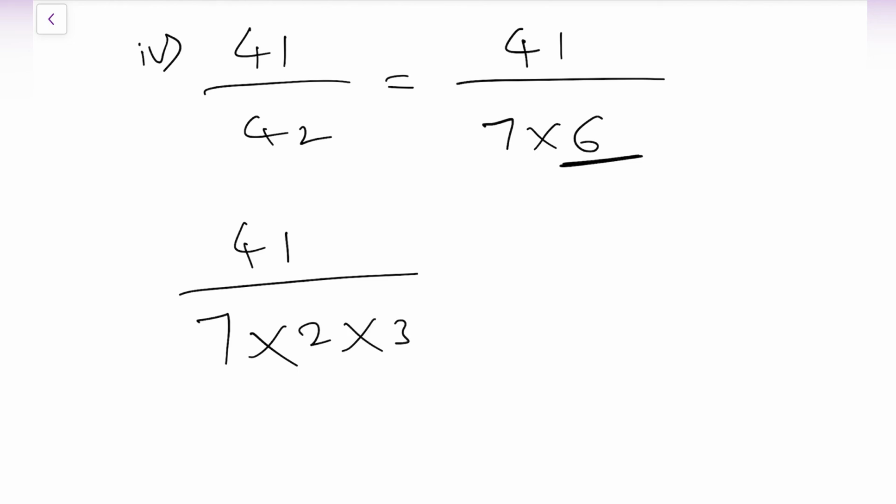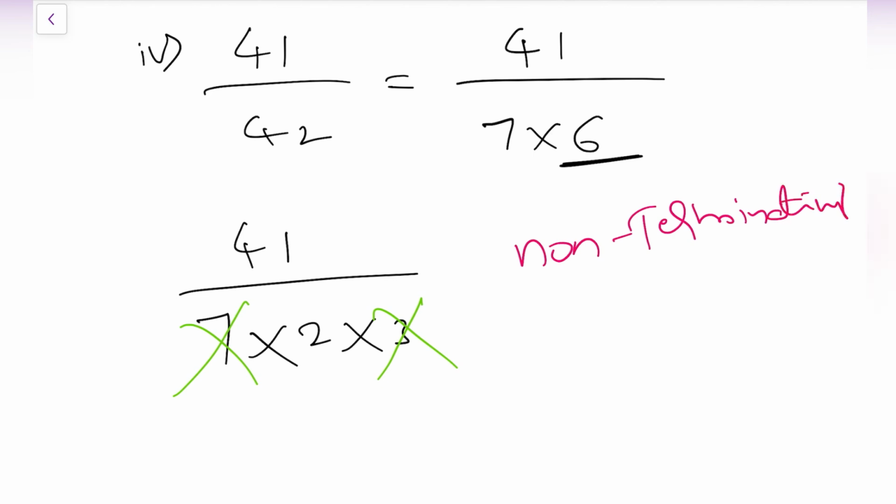Now only 2 should be there, or only 5, or 2 into 5 in the denominator. Here 2 is there, okay, but besides that, extra numbers 3 and 7 are there. So that's why this is a non-terminating repeating type of decimal.